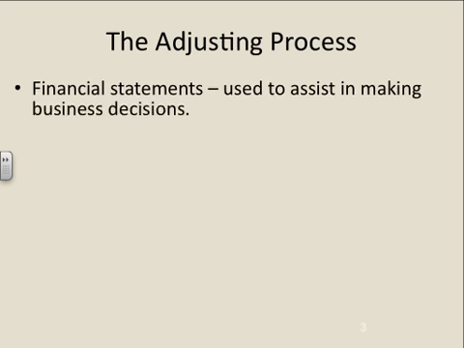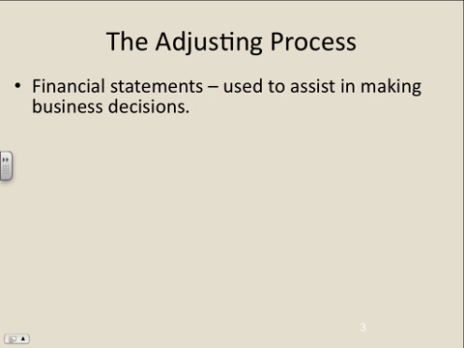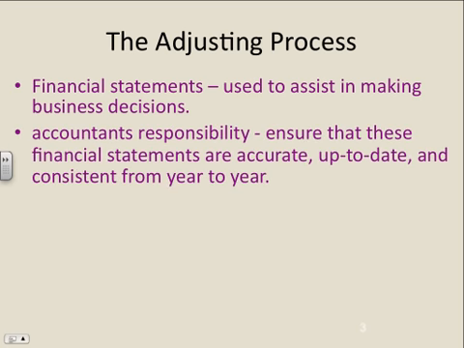The adjusting process. Financial statements, as you know, are used to assist accountants in making business decisions, as we did in Chapter 8. It is the accountant's responsibility to ensure that these financial statements are accurate, up to date, and consistent from year to year. What we haven't talked about right now is that some of the accounts are not up to date.